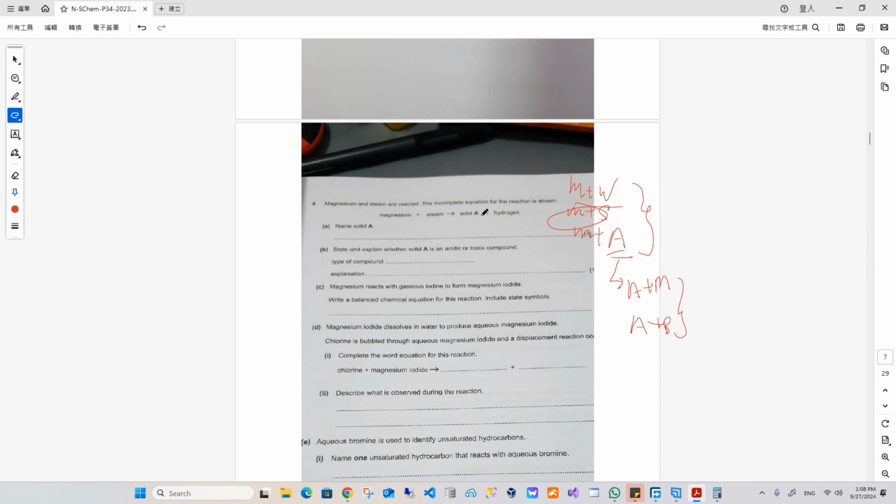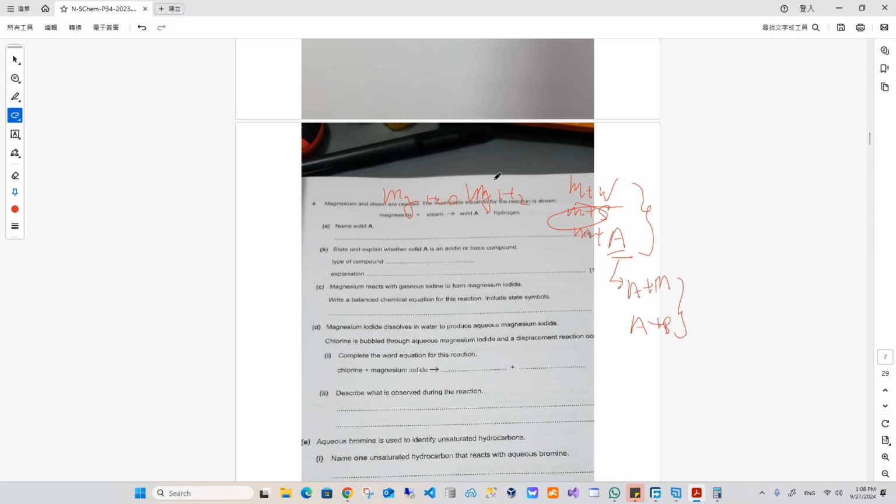Solid A. This is H2O. This is magnesium. And this is the thing we're going to remember: hydrogen gas comes out. Steam. Magnesium oxide or hydroxide.